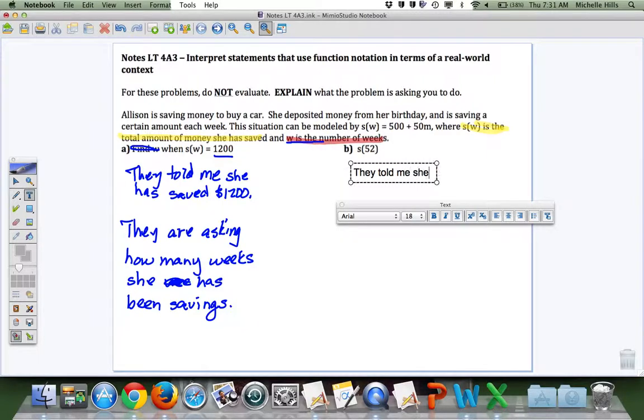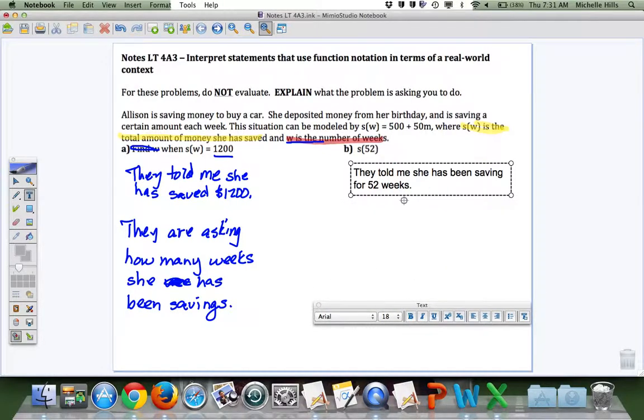So they told me she has been saving for 52 weeks. Again, you'll need to pause the video so that you can catch up with the writing. They are asking, well, if they told me the one thing, they're asking the other thing, which means they're asking the total amount of money she has saved. So they are asking how much money she has saved.